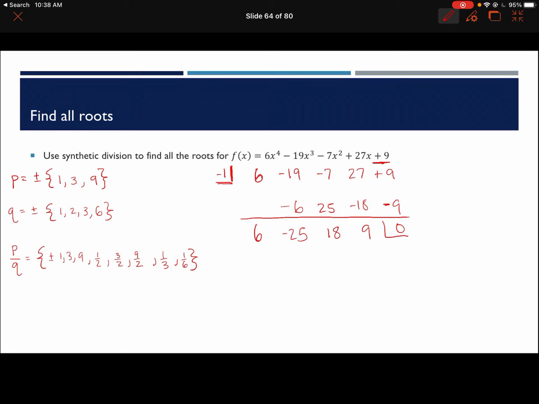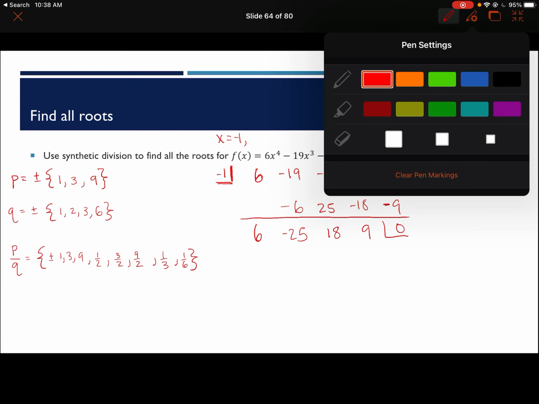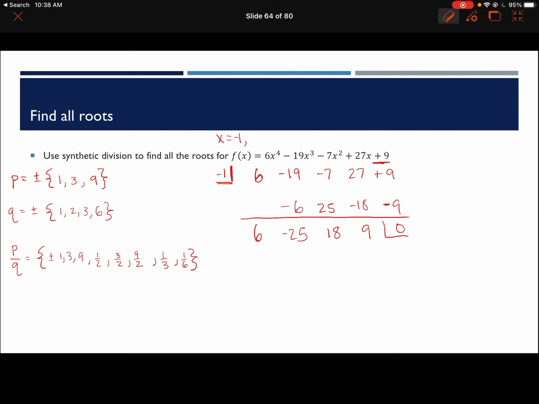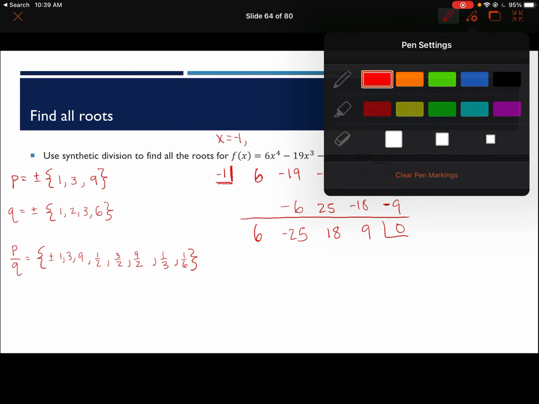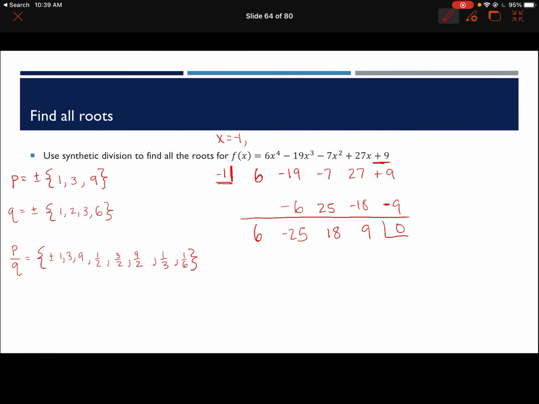So that factors. So now we know that x equals -1 is a solution. From there, we're going to reduce our function to be 6x cubed minus 25x squared plus 18x plus 9.